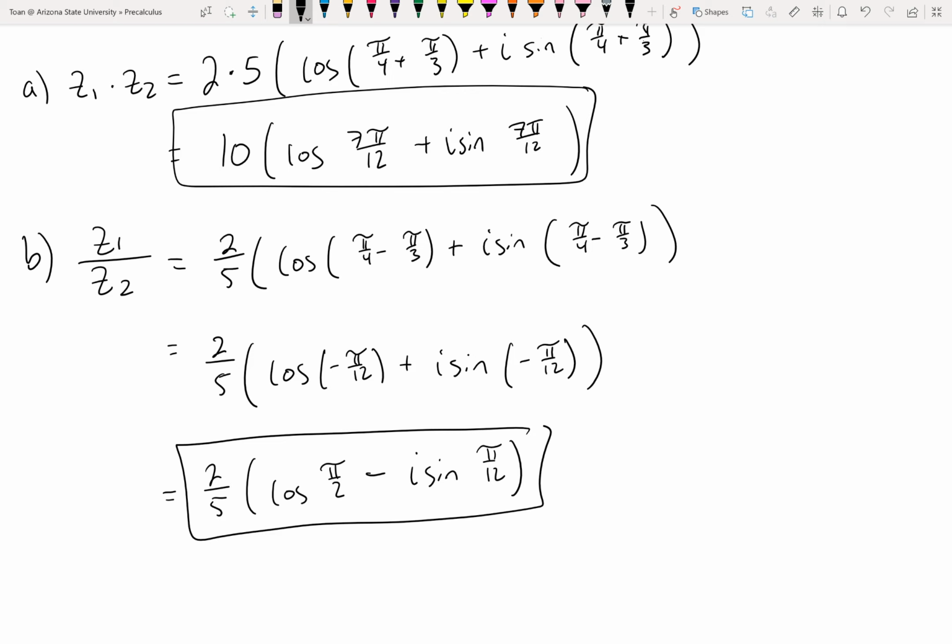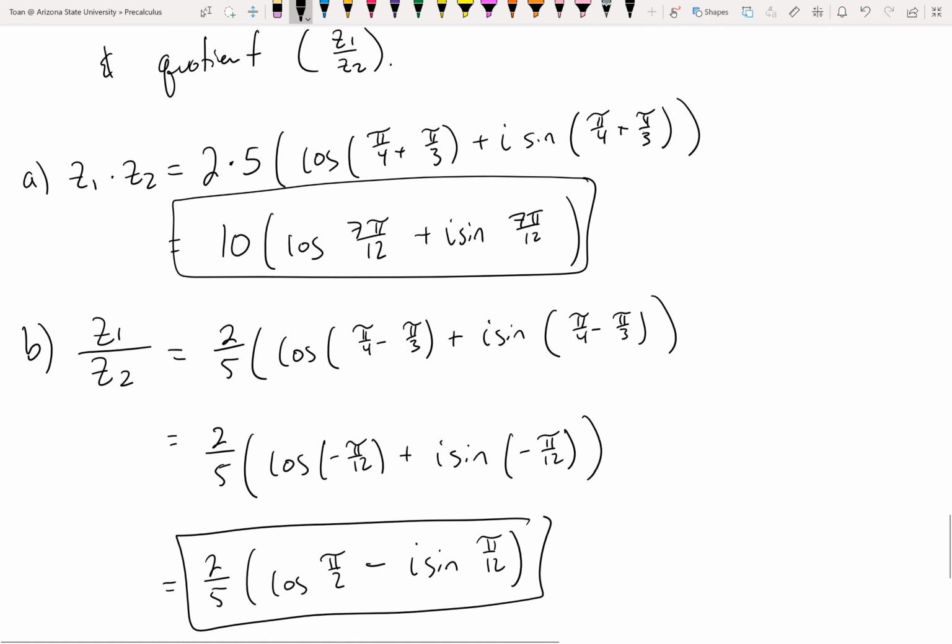Now, if the question asks you to find the product and quotient in standard form, then all you got to do is just break out a calculator, right? Take out a calculator, make sure it's in radian mode, and literally just type this in. Distribute the 10, type it in, and then you should get an answer in standard form. So if I were to type in the product in standard form, what is cosine of 7 pi 12ths, and then multiply by 10, I get approximately negative 2.588.